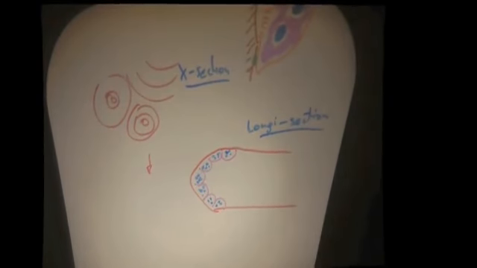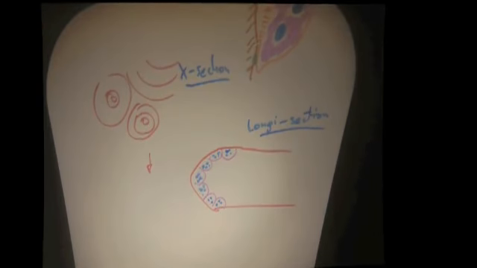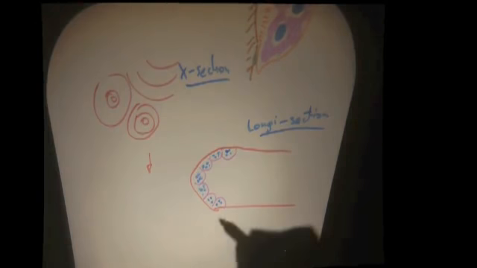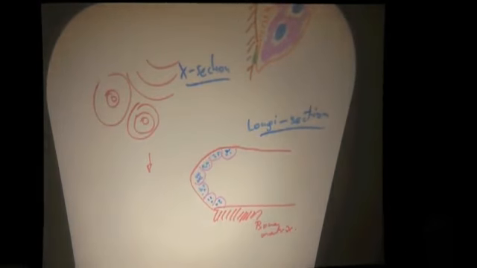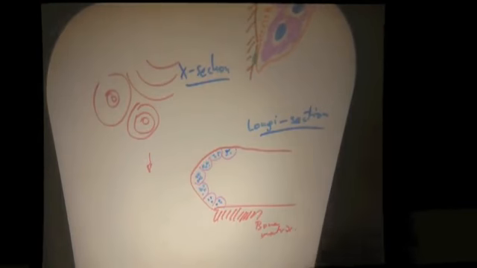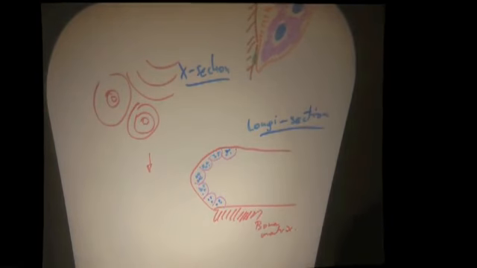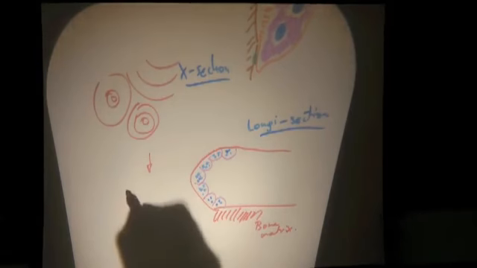Again, all of this out here is bone matrix. So when this cutting cone goes through the bone, in cross section, what you would have is basically an opening that looks like this.